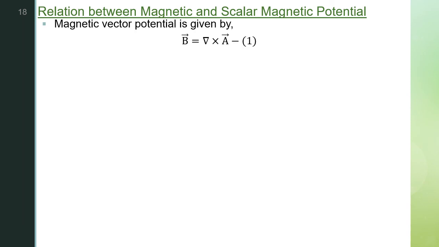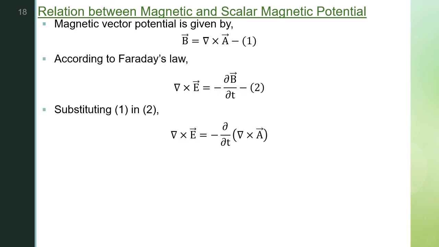We know that the magnetic flux density is given by B equal to del cross A. Also, when you consider Faraday's law, it was given by del cross E equal to minus ∂B/∂t. So substituting B as del cross A, equation 1 into 2, we get del cross E is equal to minus ∂/∂t of del cross A. Taking the operator del cross outside, we get del cross (E plus ∂A/∂t) equal to 0.